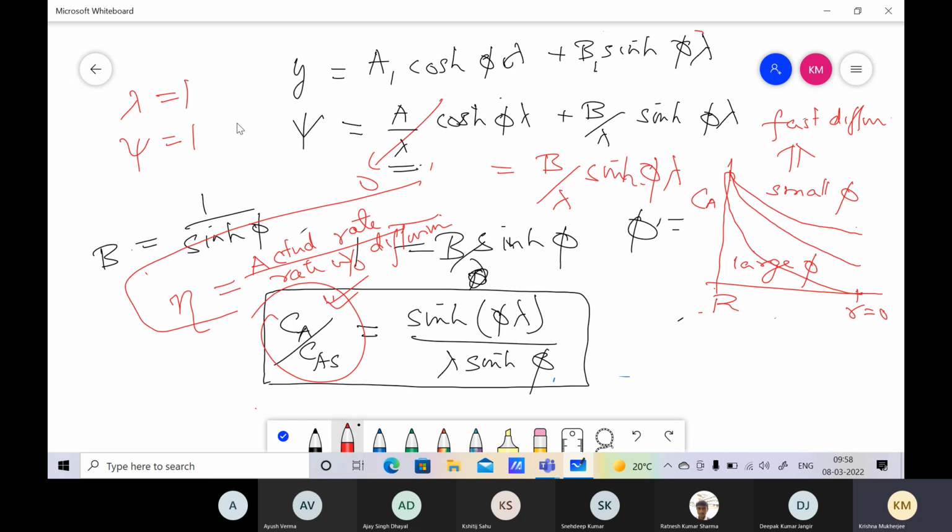You can integrate over this ball given the profile, but a far simpler trick would be to look at the slope at this point, CA by CAS, and this slope with the diffusion rate is actually equal to the rate of reaction by steady state logic.